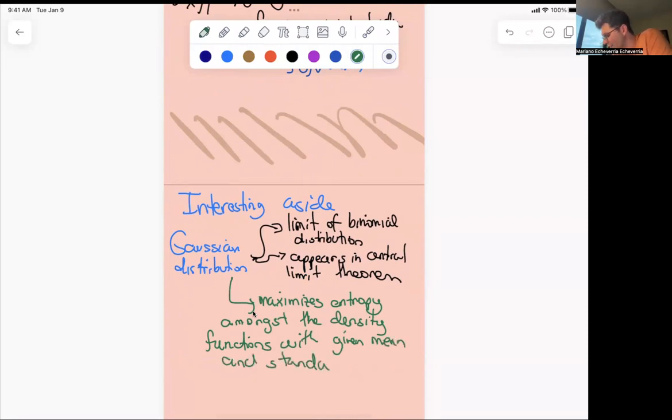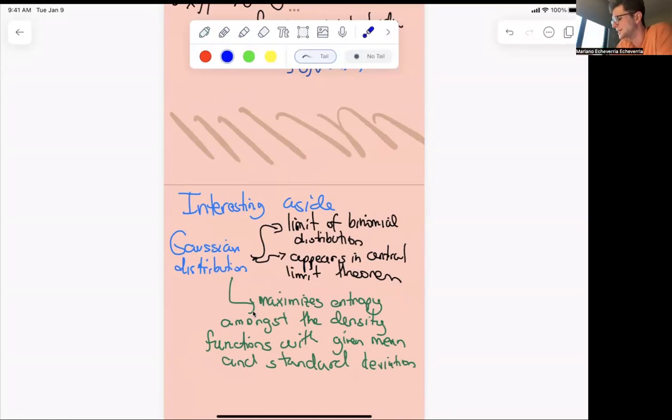That's a different idea. They didn't have to be related. It didn't have to be the case that the same distribution that appears in the central limit theorem would be the one that maximizes entropy. A priori, the two ideas are not connected.